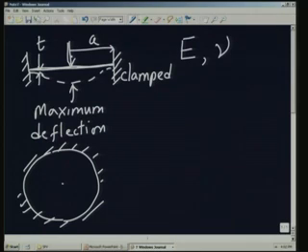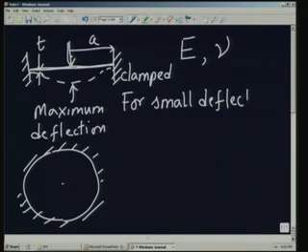Okay. We can show this, again for small deflections. What do we mean by small deflection? It should be small compared to a characteristic dimension of the diaphragm itself.